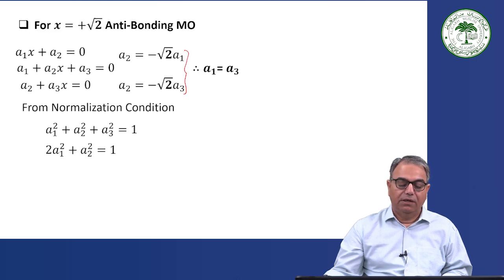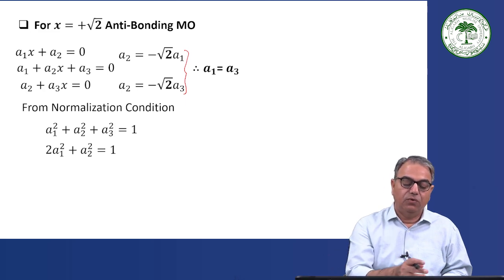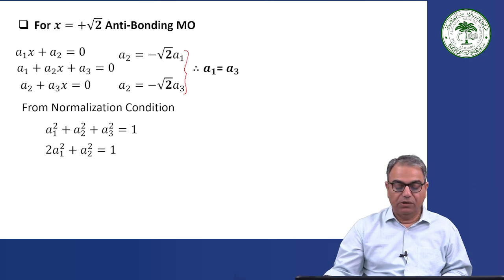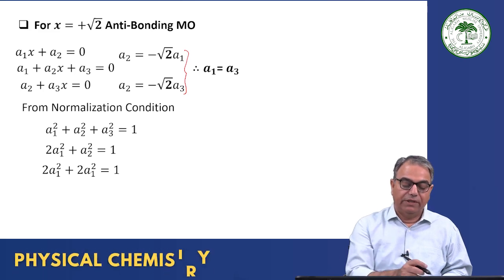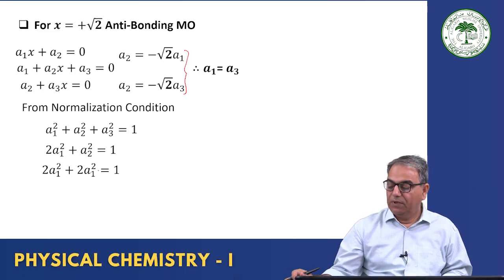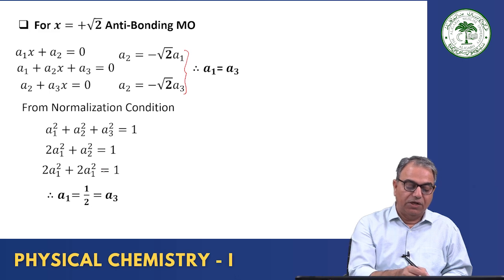Normalization condition: a1 square plus a2 square plus a3 square is equal to 1. Then 2 a1 square plus a2 square, since a1 and a3 are equal, is equal to 1, and a2 you can write as minus root 2 a1. So, it will again be 2 a1 square, so it will be 4 a1 square.